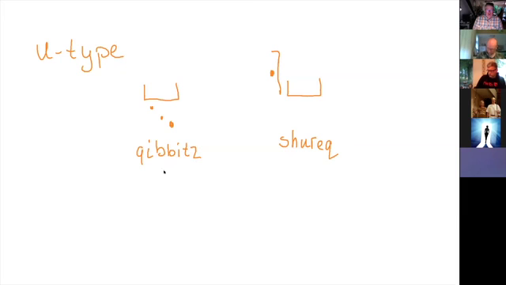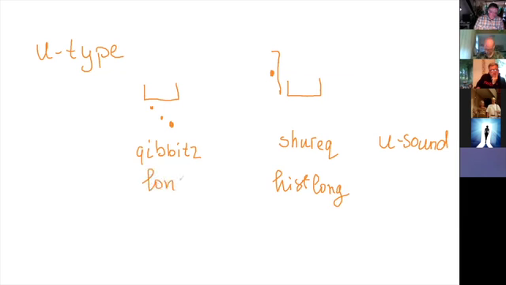It's a U sound. The shurek is historically long. And the kibbutz is long. And in some cases it is short, but it's the same symbol.